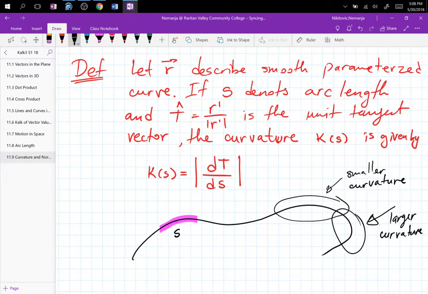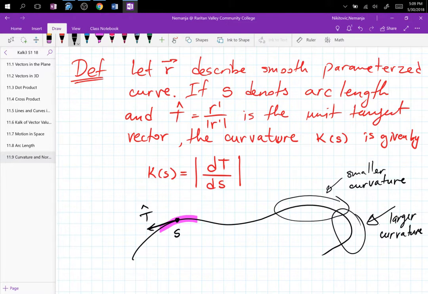Now, what I'm going to have here is the tangent vector. Say tangent vector goes this way, unit tangent vector. Unit tangent vector better be tangent at the point over there.